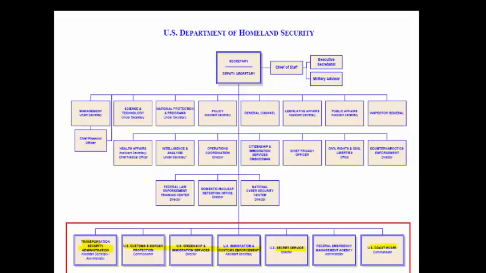The U.S. Coast Guard, of course, protects our coastlines. And then FEMA is the agency that's responsible for responding to disasters, whether man-made or natural. But FEMA is an important group that comes in to take care of coordination with the federal government and management of that disaster.